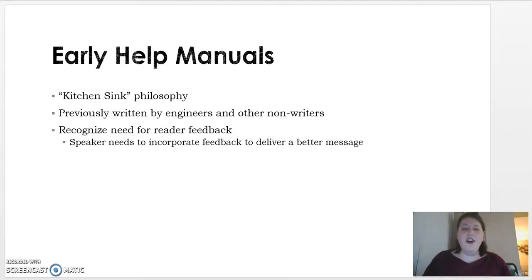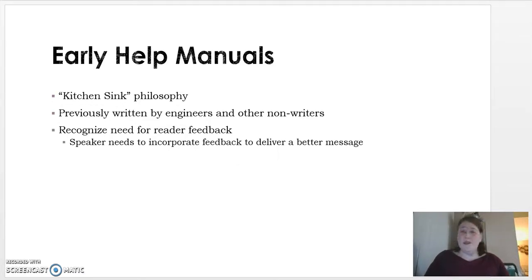And now, to go along with that, we kind of want to take a step back from the 90s and maybe go more to the 1960s. We're talking about early help manuals. Early help manuals used to follow more of what they call a kitchen sink policy. It's all of the information thrown in. It doesn't matter even if the user is going to need that information.